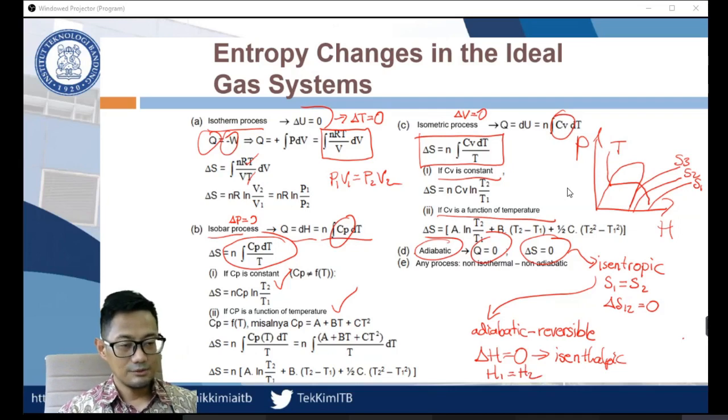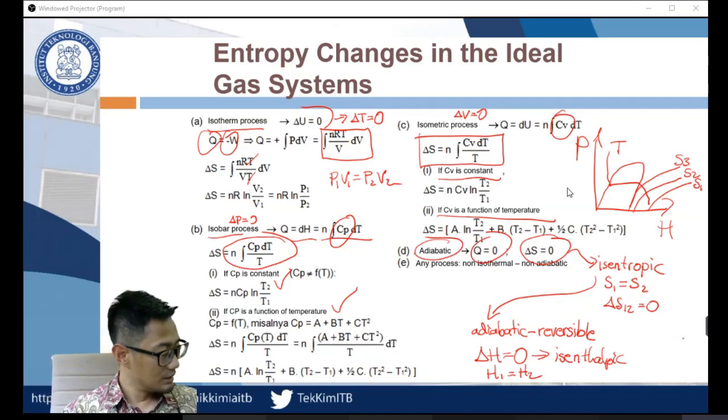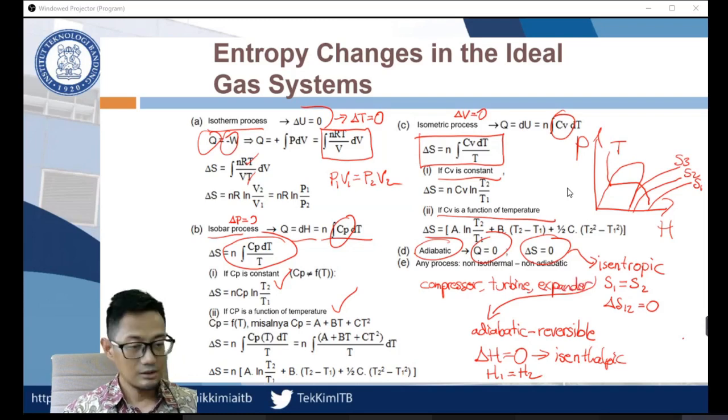So like I mentioned previously, isentropic normally occurs in compressor, turbine, expander, and so on. While isenthalpic condition, this one occurs in JT valve.